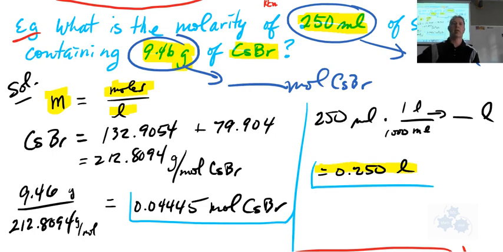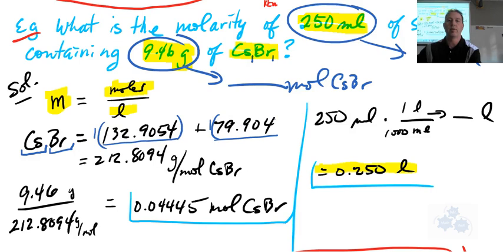This one here is going to take a little work, and this is what it looks like. So cesium bromide. Now what you do to find the grams per mole is you take the molar mass of cesium, and again that's from your periodic table, and that is 132.9054, and bromine 79.904, right from the periodic table. Notice it's a 1-to-1 ratio, so there's just one of these and one of those.